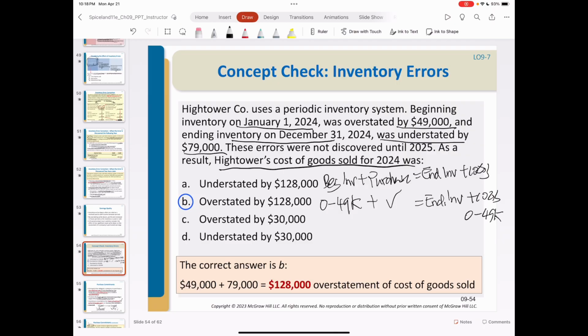And if the ending inventory was also overstated by $49,000, the cost of goods sold will be correct. However, in this example, the ending inventory was understated by $79,000. Therefore, the total impact is that cost of goods sold will be overstated by the sum of $49,000 and $79,000, which is $128,000. The answer is B.